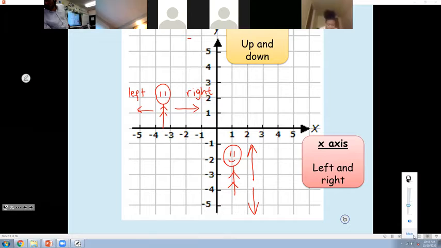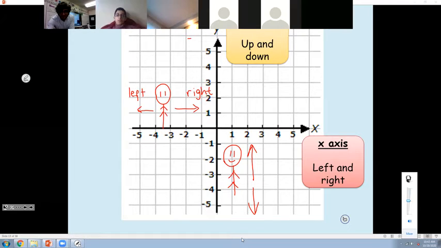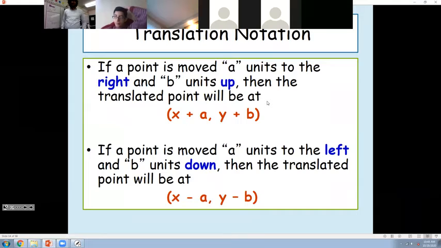So x-axis is used to slide to the right or left. Y-axis is used to go up or down, all right? Now, the next one is translation notation.